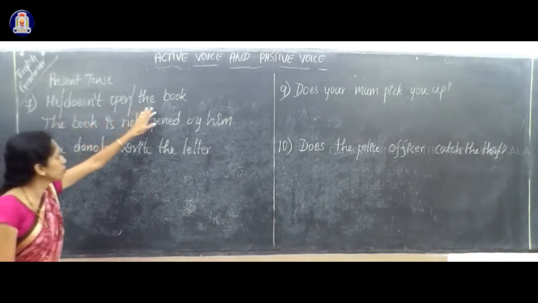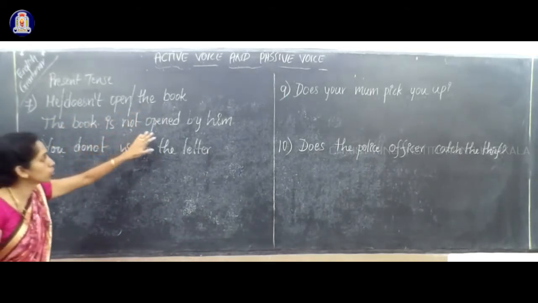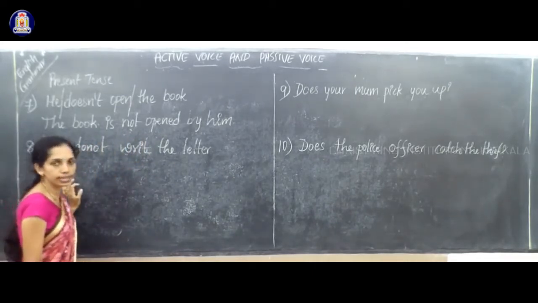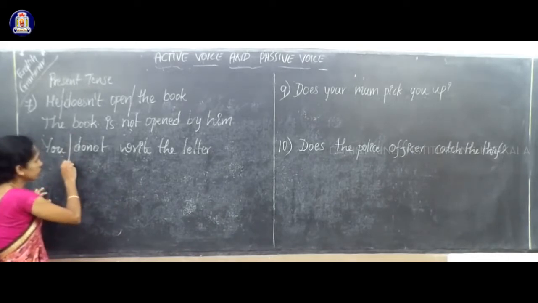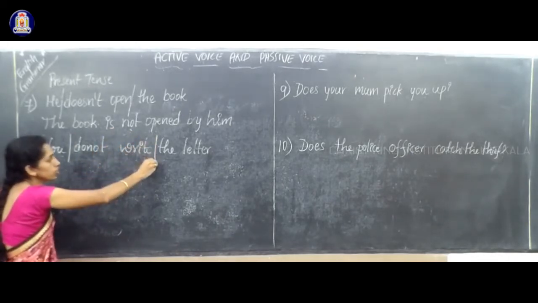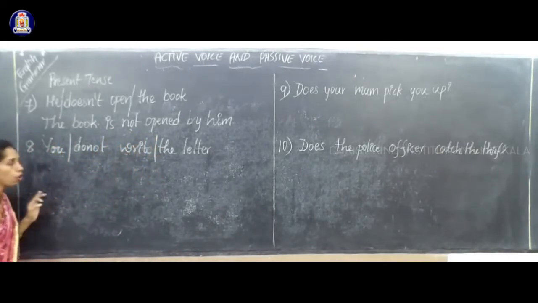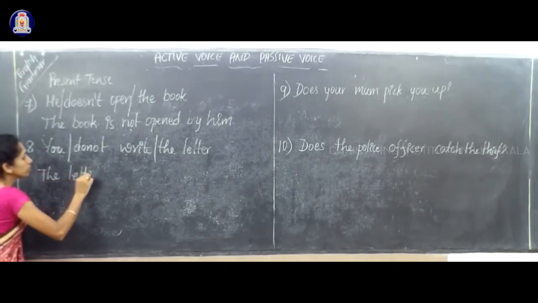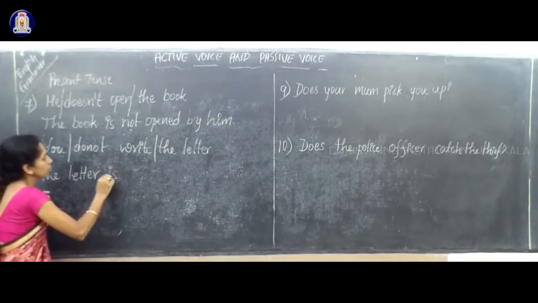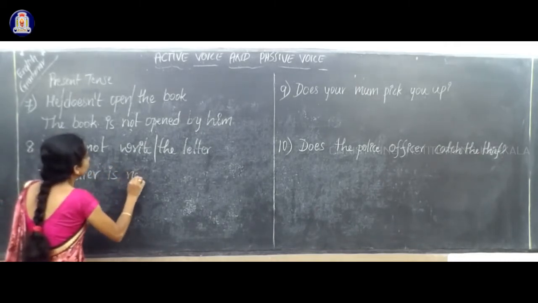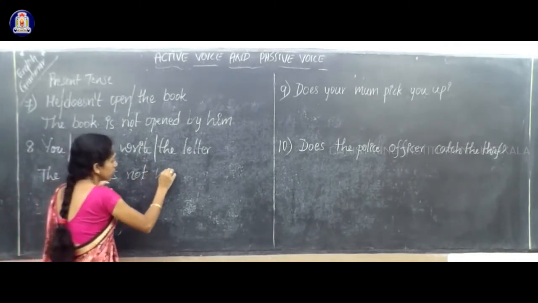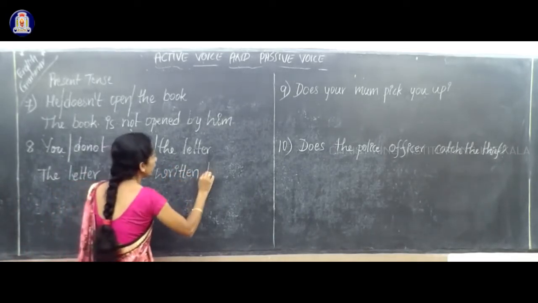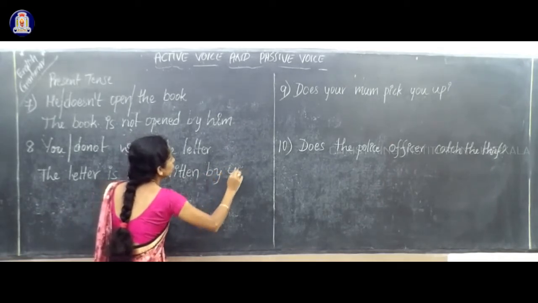He doesn't open the book. The book is not opened by him. Next, you don't write the letter. So here you is the subject. Don't write is the verb. The letter is the object. So the answer is: the letter is not written by you.